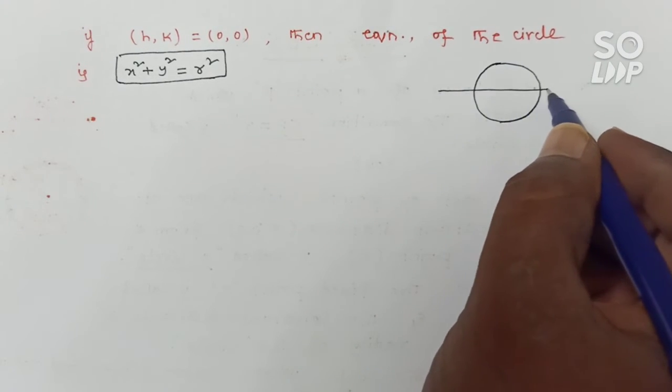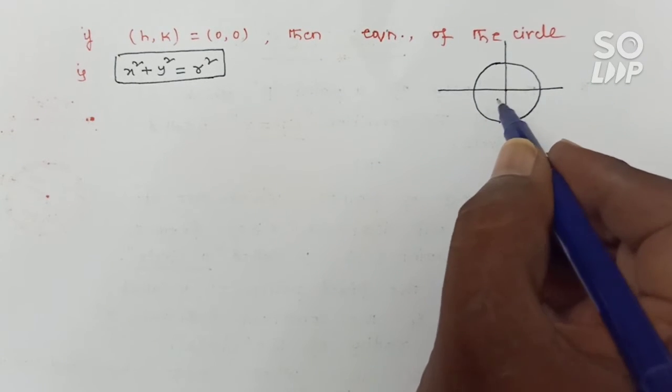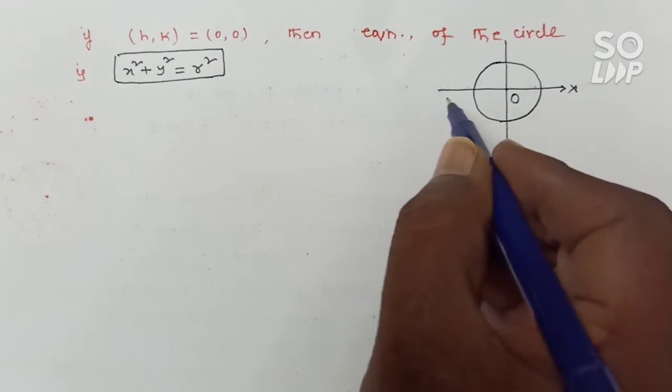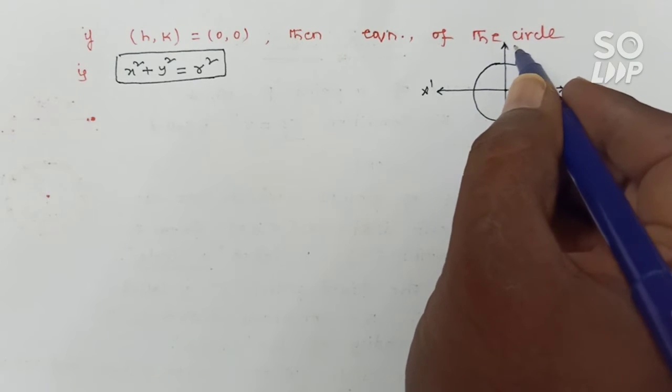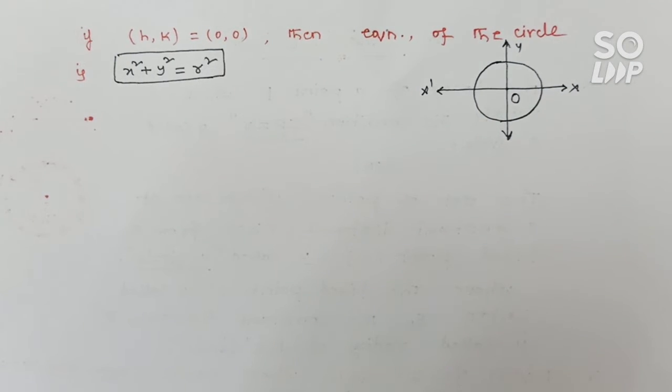Center is the origin means the diagram will be this one. This point is nothing but the origin. So this is the x-axis, right? And this one is the y-axis.